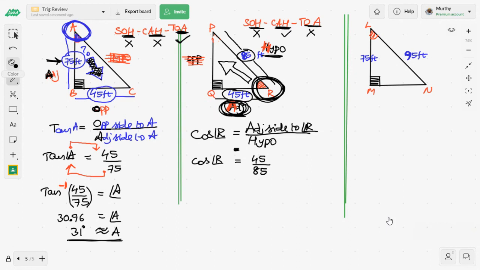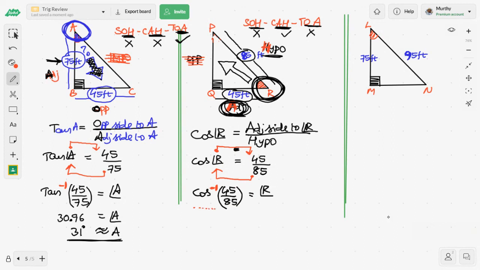Don't forget, when you are finding the angle, you have to take the angle to the other side and move the value to this side. So when you swap these values, cos, then the fraction 45 over 85 equals the angle goes to the other side. And don't forget, at this point you have to use this inverse symbol.